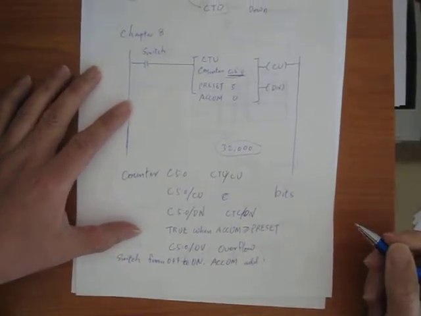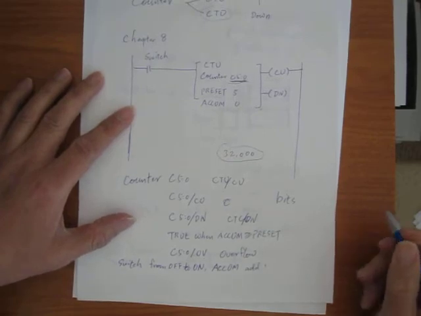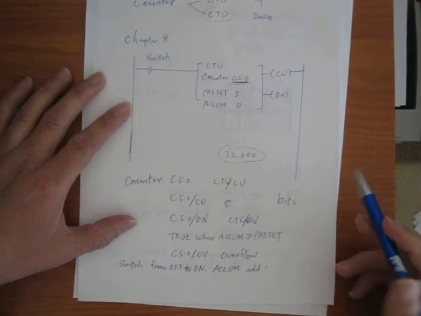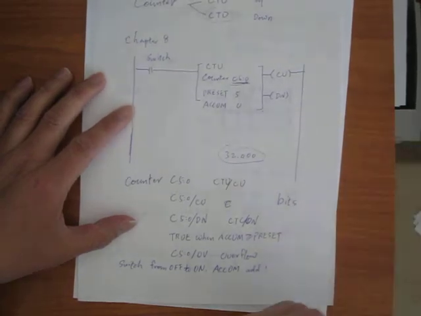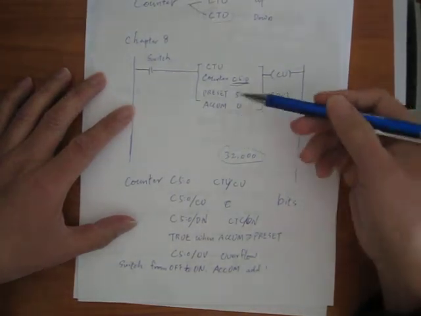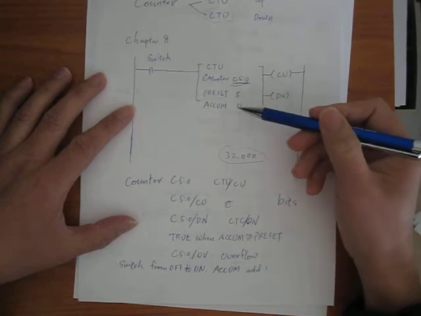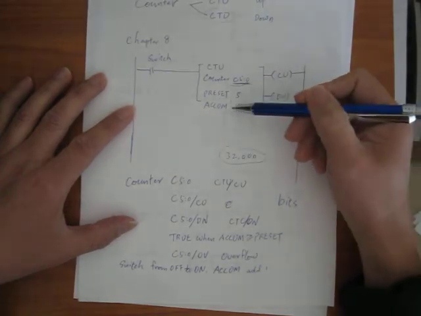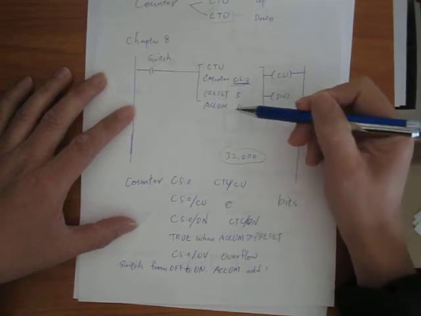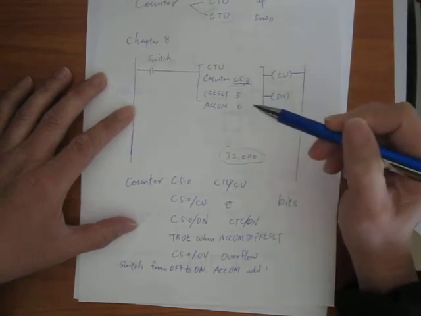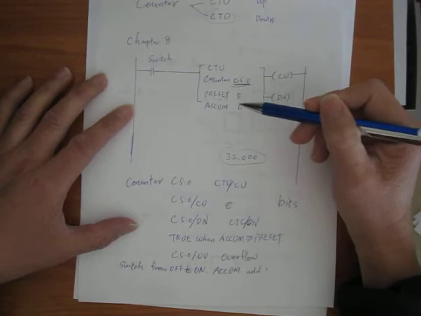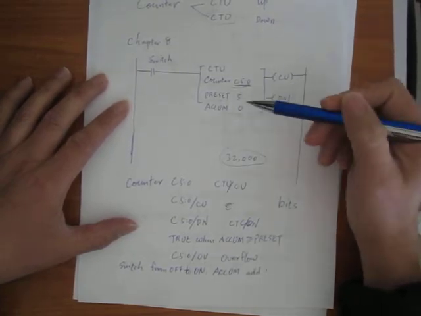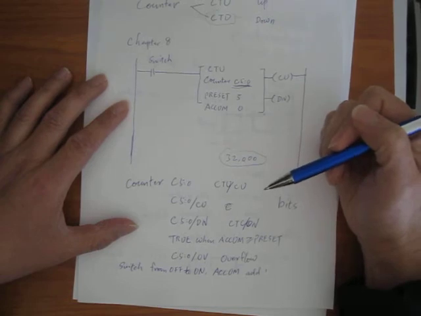Now you turn off again and turn on again, it will add another 1. This accum value will stay there, even if you turn the PLC power off, the accum value will stay there.